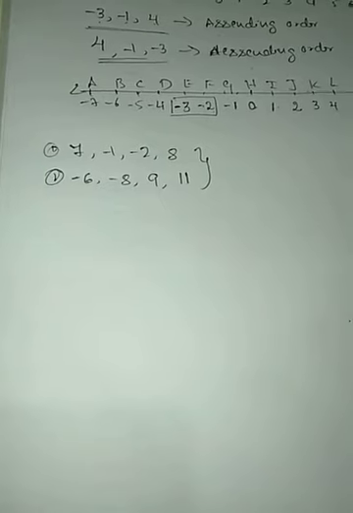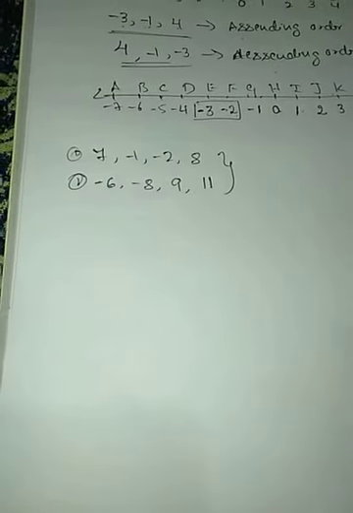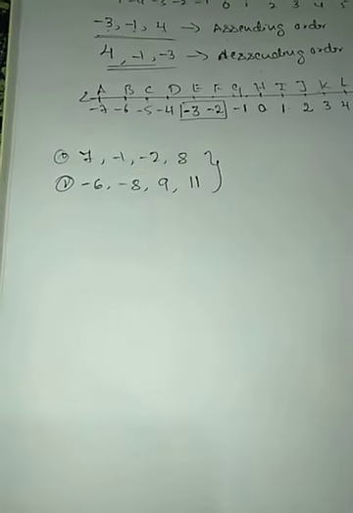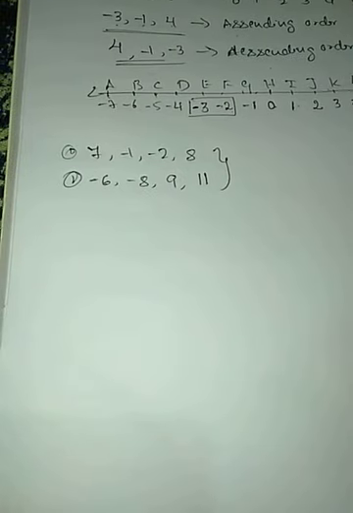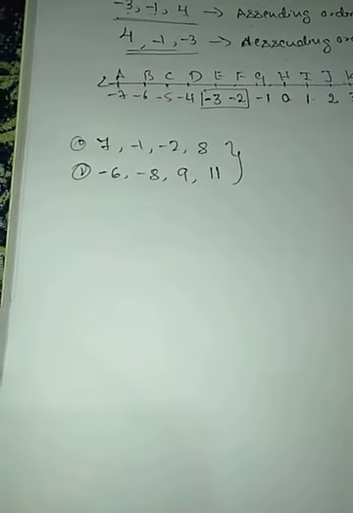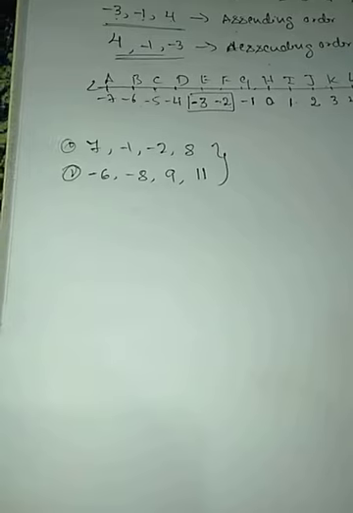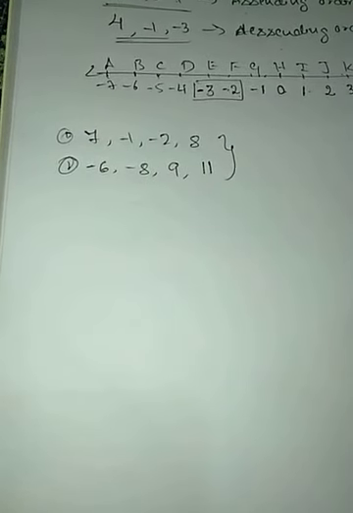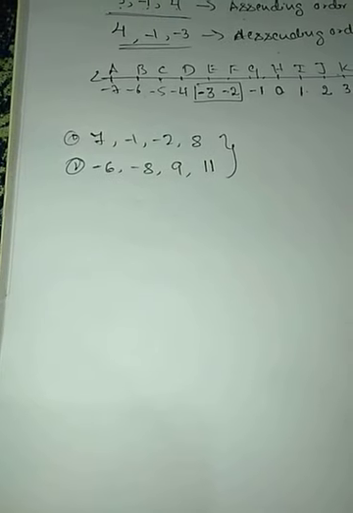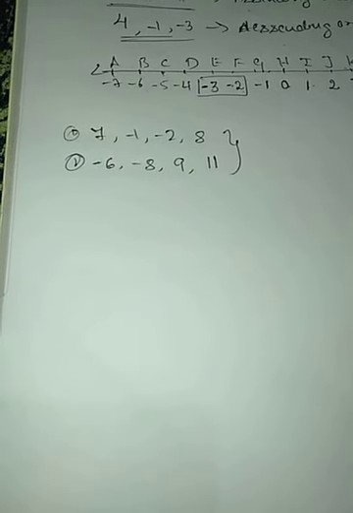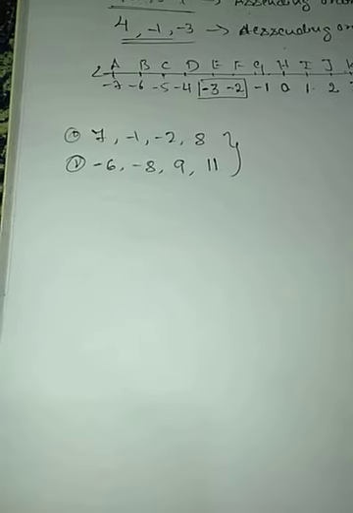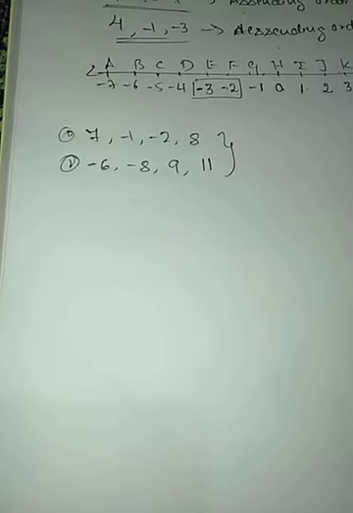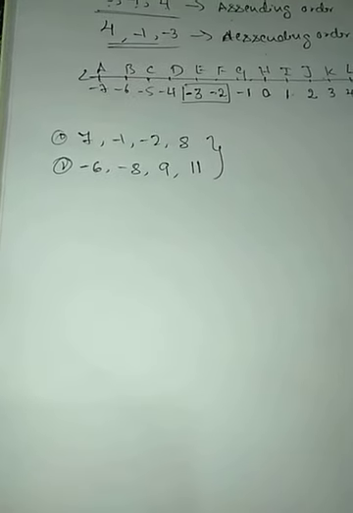So you know about the integers. What are integers? Integers are the set of numbers which include positive and negative numbers and 0. We know that. Now let us look at operations with integers. You know the basic operations are addition, multiplication, subtraction and division. So if we take the operations on these integers, I'll take the first example.